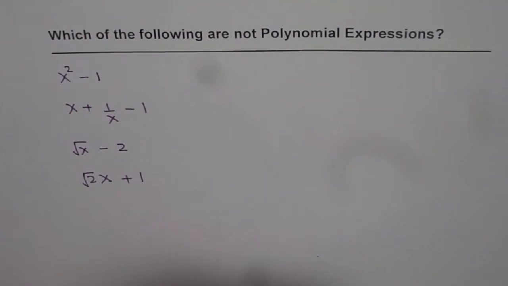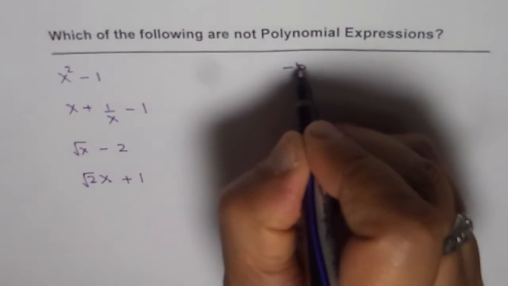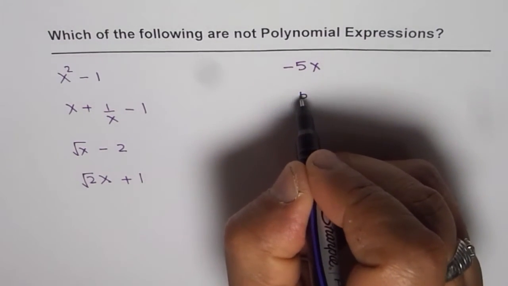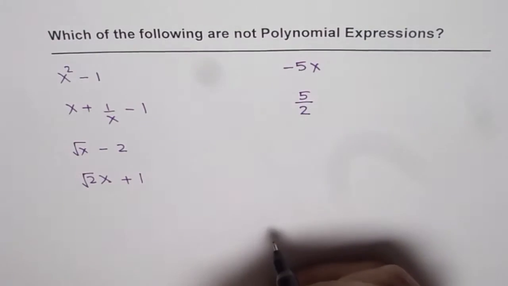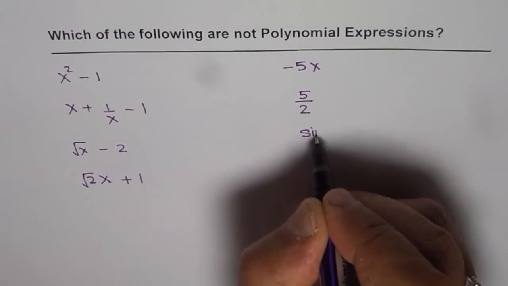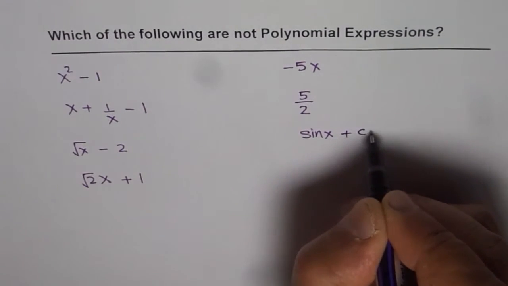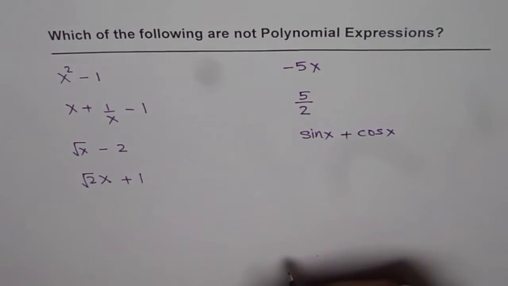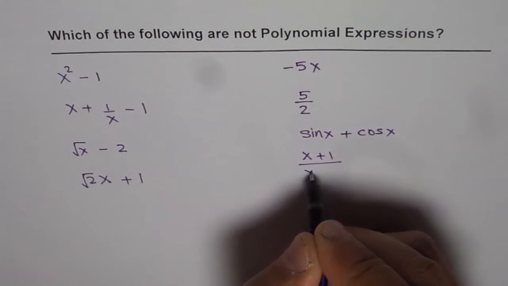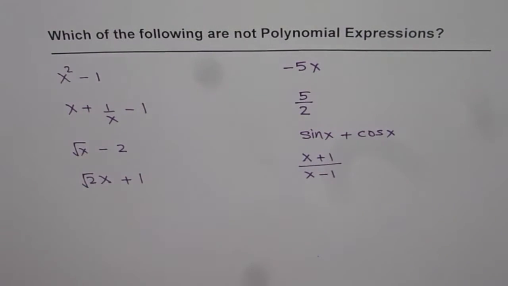We could have numbers like minus 5x. Well, let me write a number like 5 over 2, and then we can have a function like sine x plus cos x, right? And we could also have x plus 1 divided by x minus 1, right?